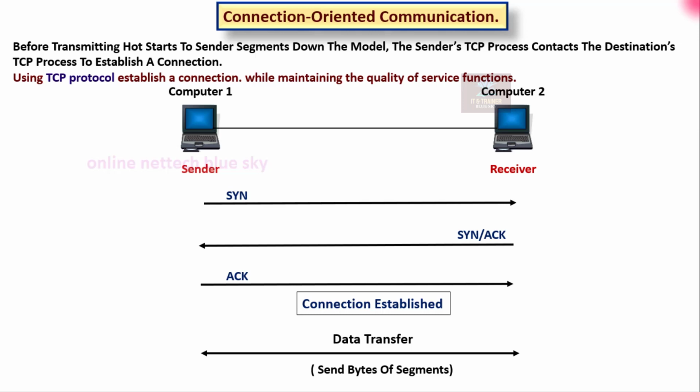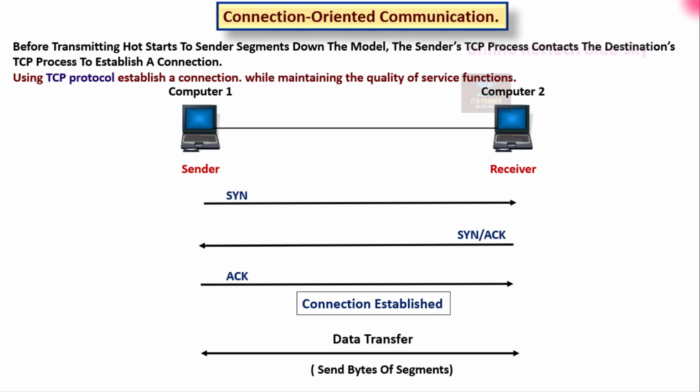Then the TCP protocol service shows the other computer a message like not connected, no internet available, or you are offline.